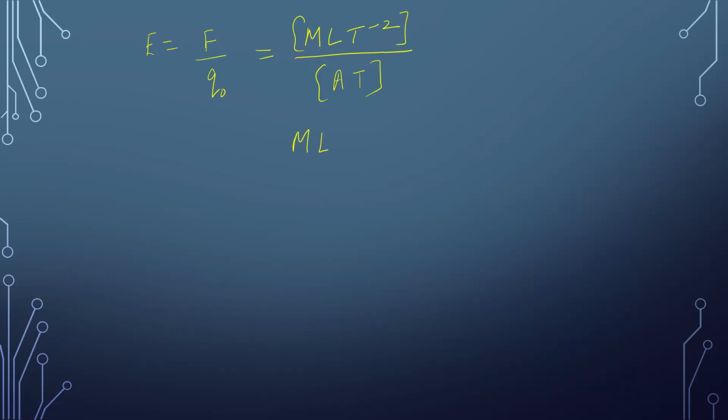Dimensions of electric field will be M, L, T to the power minus 2, and this T, which is in the denominator, will also go to the numerator. It will become minus 1 more, so it will be minus 3 into A minus 1, right? So this is M^1 L^1 T^-3 A^-1.